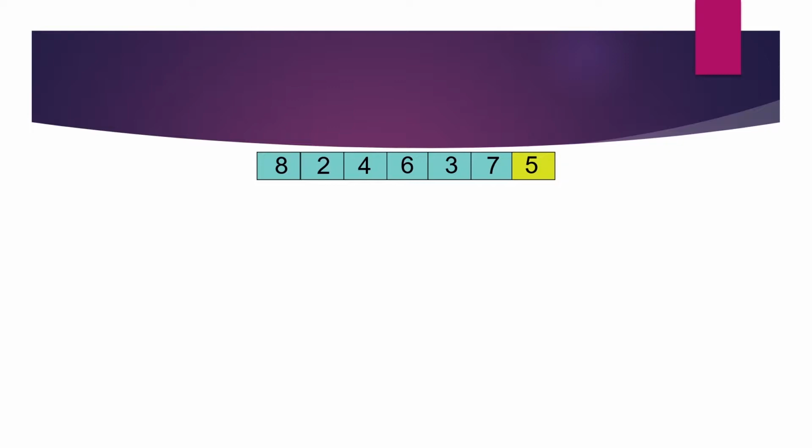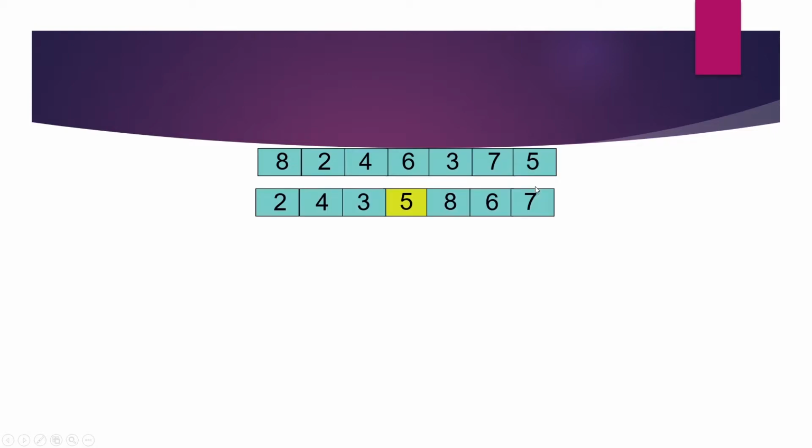Now what will happen here is the numbers that are less than the pivot will be placed at the left side of the pivot, while the numbers that are larger than the pivot will be placed at the right side of the pivot. So 2, 4, and 3 are less than 5. They will be placed at the left side. And 8, 6, 7 are larger than 5. So they will be placed at the right side, like this.